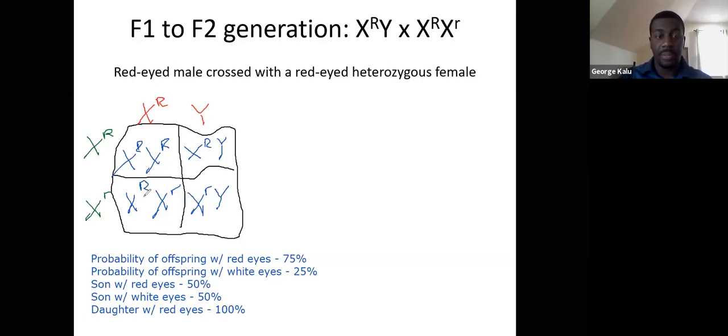This third box is going to have 1 copy of the dominant allele, so that one will also have red eyes. But this one here only has the recessive allele, so that one's going to have white eyes. So what we see here is that one of our 4 boxes will end up having white eyes. So we have a 1 in 4 chance of having white eyes in your total offspring here.